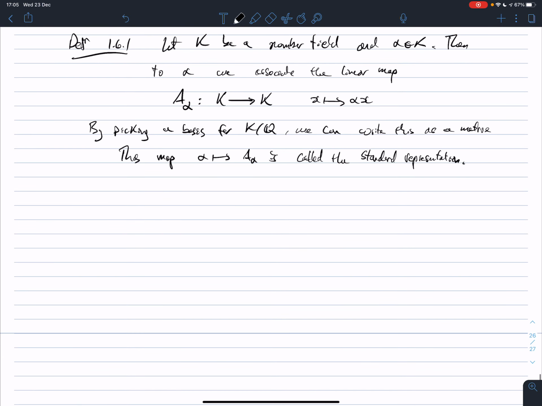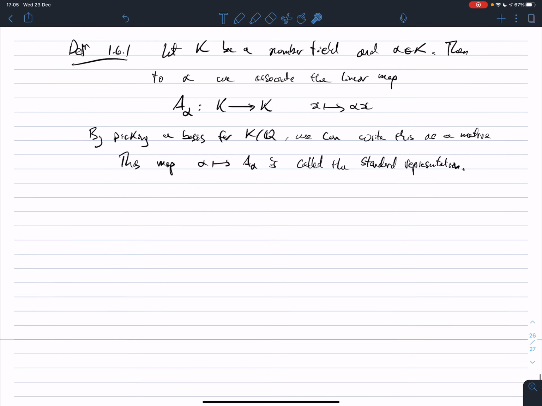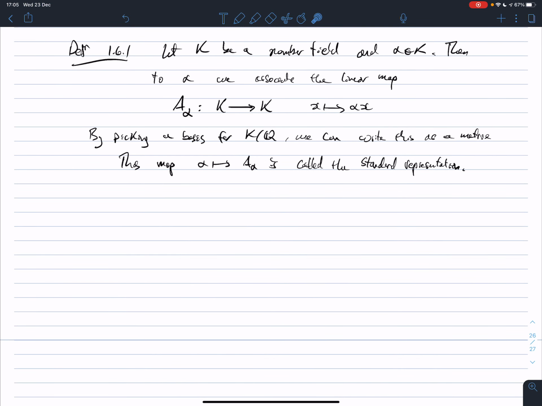In general, if I were working with K over F, then we can do a similar thing and write this as a matrix, but now with entries in F. If I pick a basis for K over F, some field in between, then this same thing works.